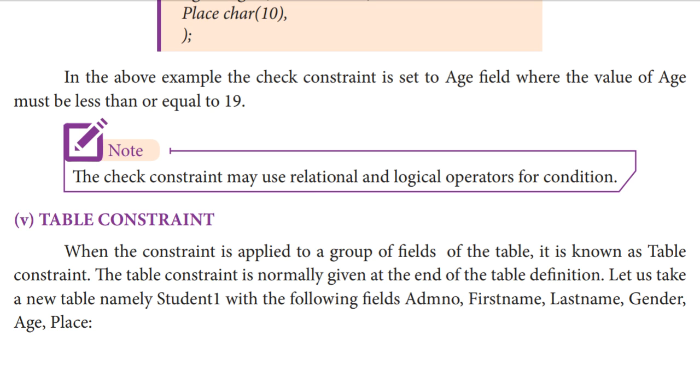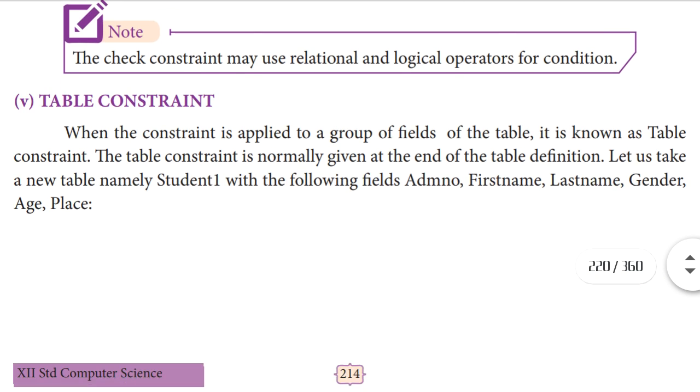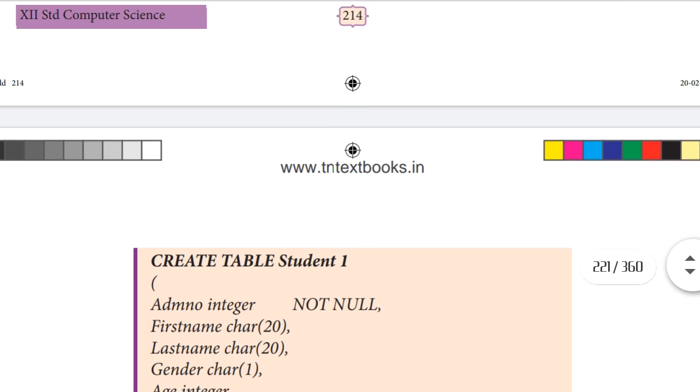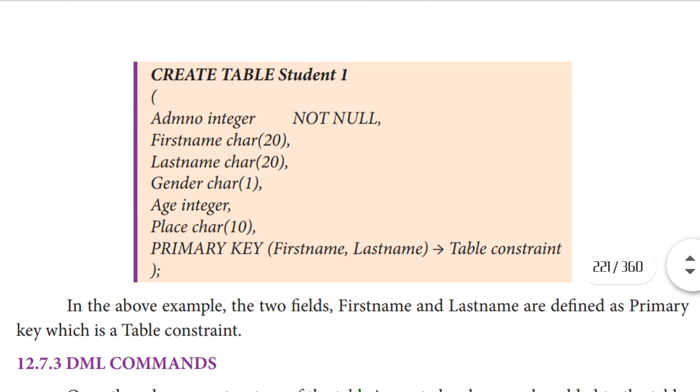Next we are going to see about the table constraint. When the constraint is applied to a group of fields of a table, it is known as a table constraint. So in table constraint we can give the constraint for more than one field, but we have to mention it at the end of the command only. You just see here, create a table student 1.